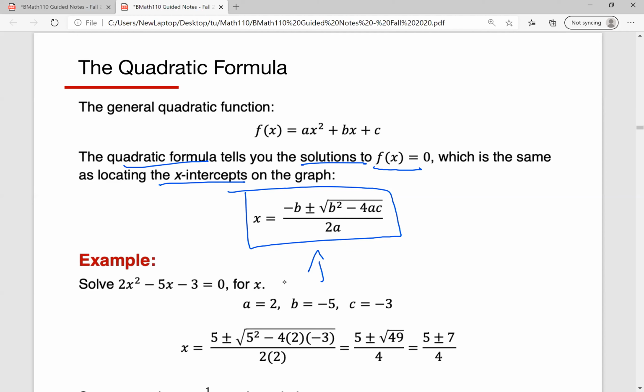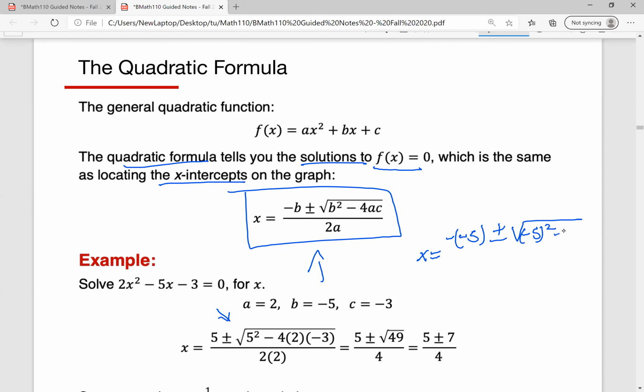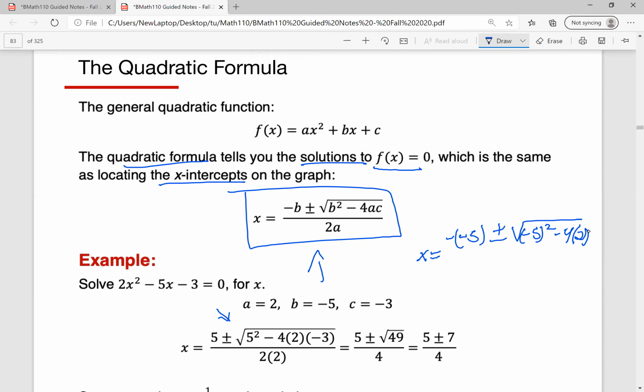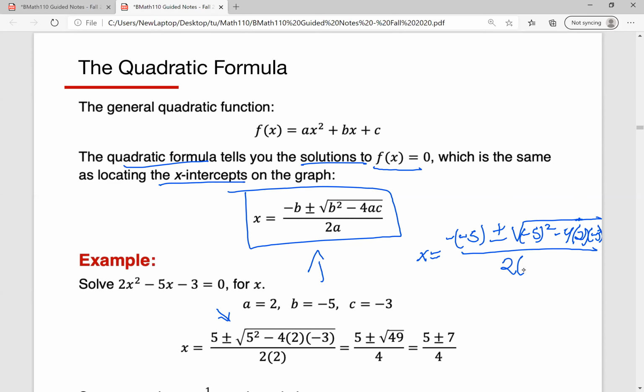And then plus and minus the square root of -5 squared, which is 25. I kind of skipped one step; it should be like this: -5 plus and minus the square root of (-5) squared minus 4 times a, which is 2, times c, which is -3. And then everything divided by 2a, and a here is 2.